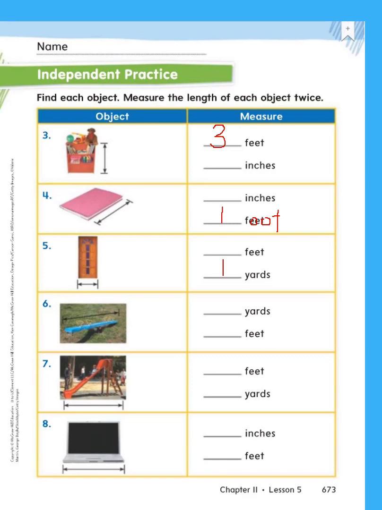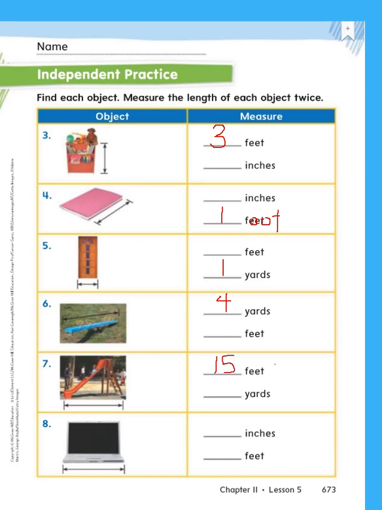And I'm going to say that this seesaw is 4 yards long. For number 7, that's a slide, and we're measuring from the bottom step of the ladder to the bottom of the slide. And I'm going to say that that is 15 feet.